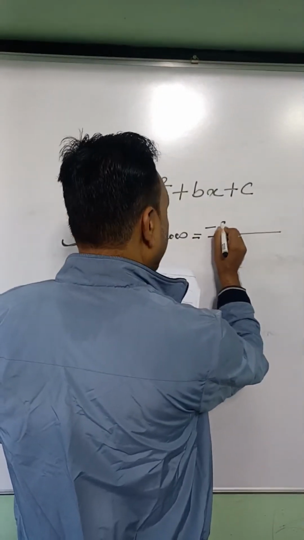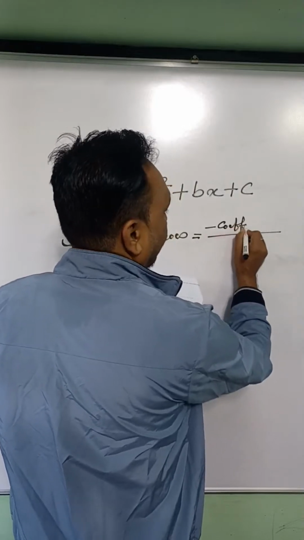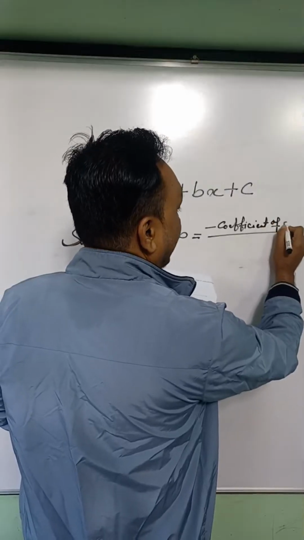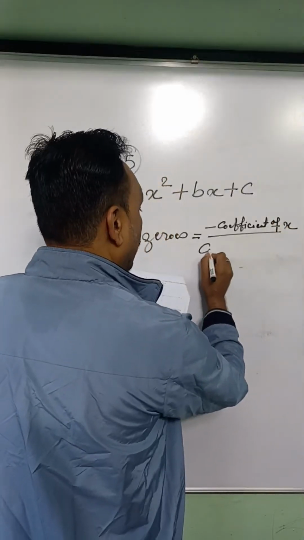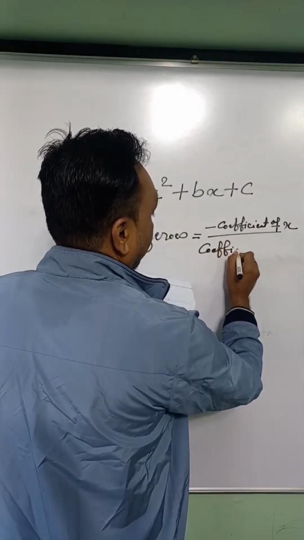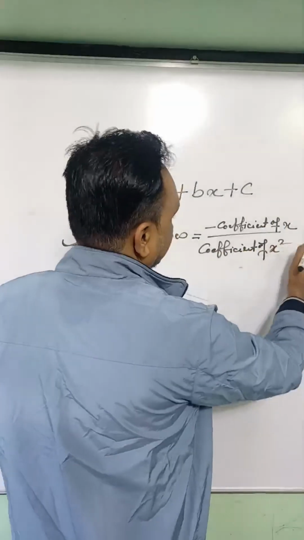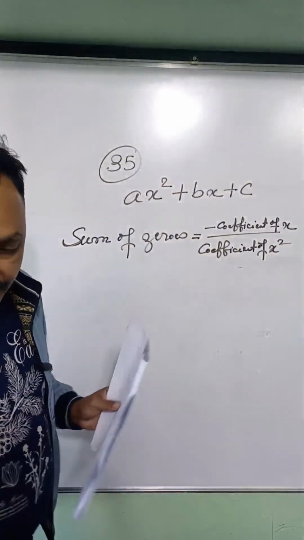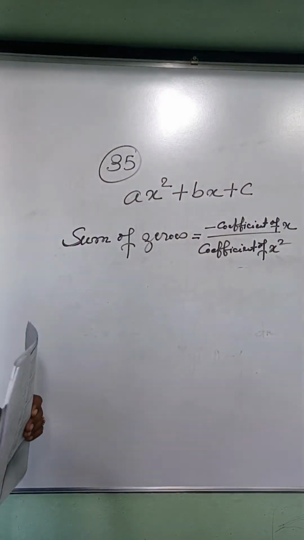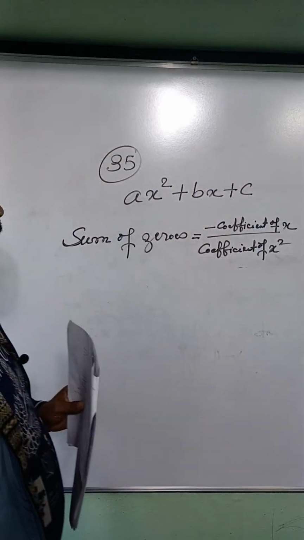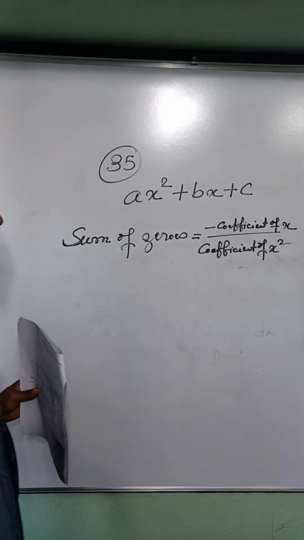Minus coefficient of x divided by coefficient of x squared. This is the formula for the sum of the zeros. You have to remember this formula, right? This is the sum of zeros formula for quadratic equations.